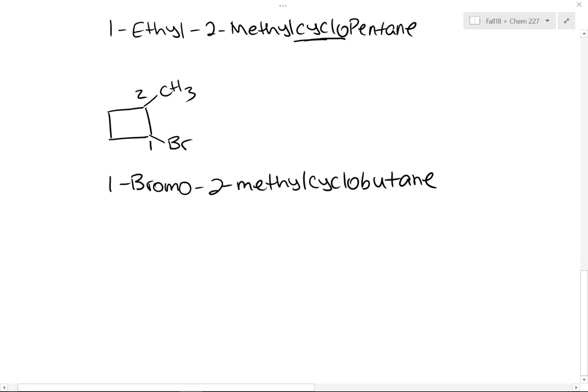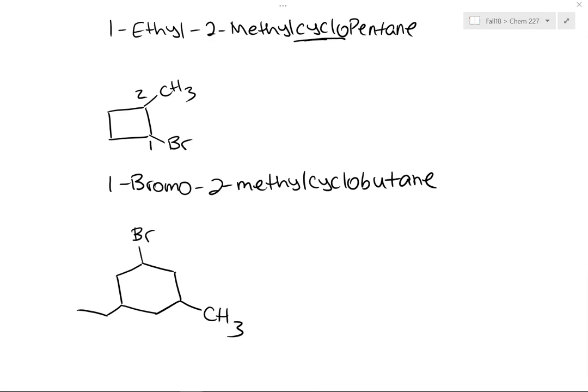Okay, let's do a tri-substituted cyclohexane. It's going to be a bromo. Okay, bromine starts with B, so it's often going to win. And when we're putting these substituents in alphabetical order, we have a methyl and an ethyl. So no matter which substituent we start numbering at, we're going to have a 1, 3, 5. Right, 1, 3, 5, or here 1, 3, 5.